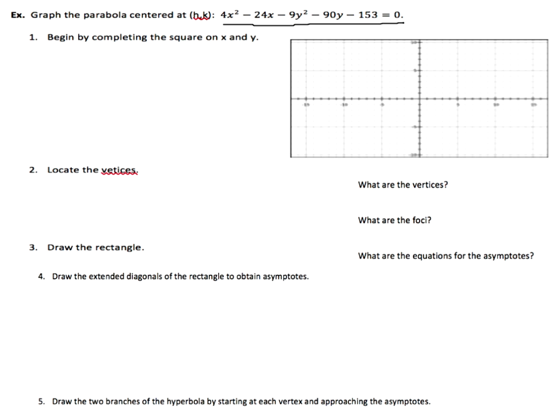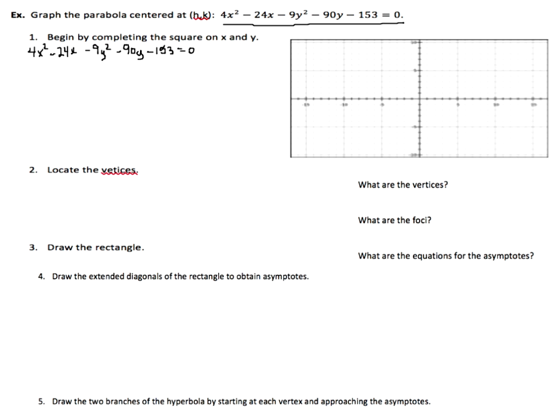Okay, so I'm going to take you through completing the square for the x and the y terms here. So we start out with 4x squared minus 24x minus 9y squared minus 90y minus 153 equals 0.